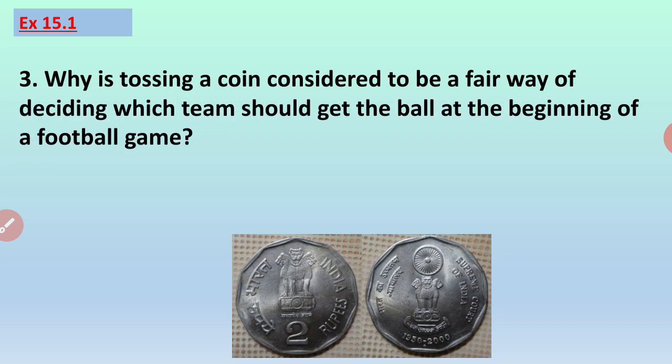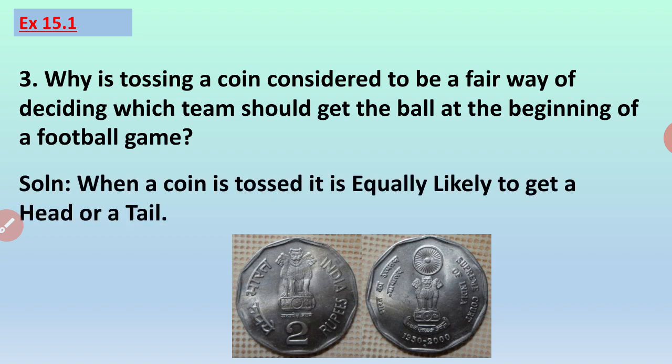Why is tossing a coin considered to be a fair way of deciding which team should get the ball at the beginning of a football game? Now, you must have seen in all the games, the beginning of the game is decided by tossing a coin. So, how can we say that it is a fair way of deciding?